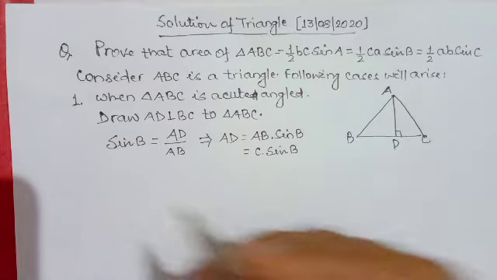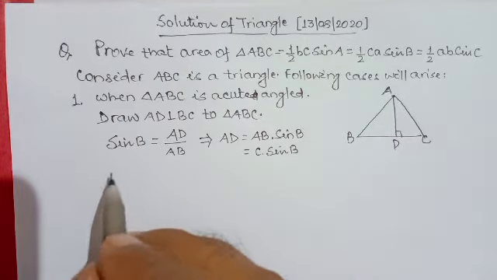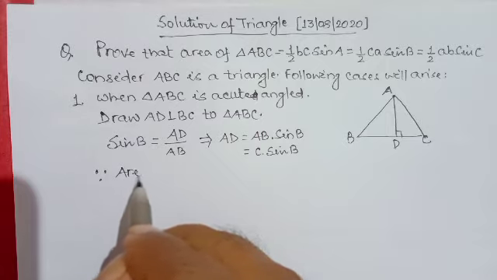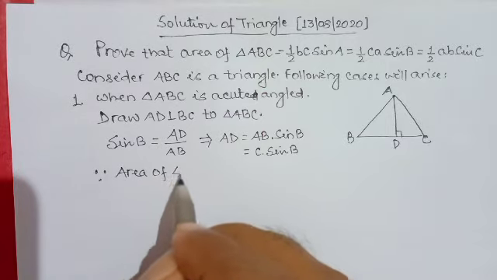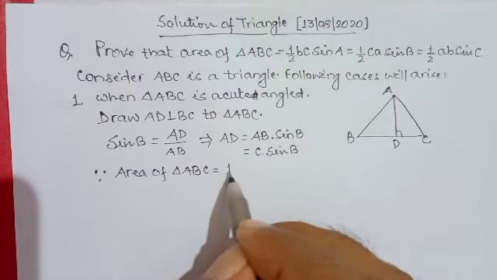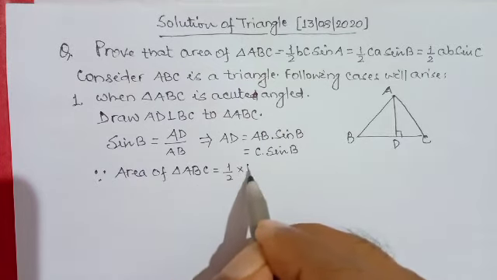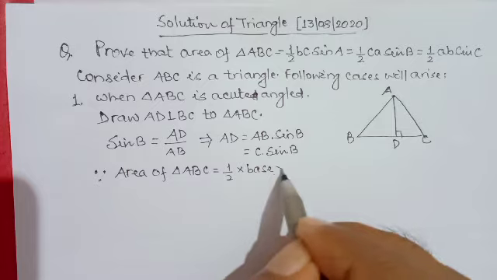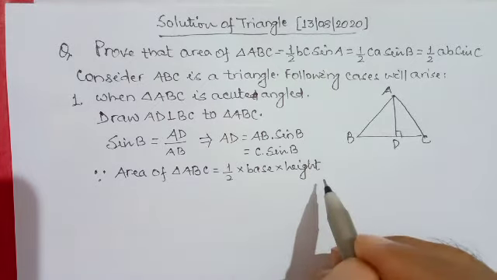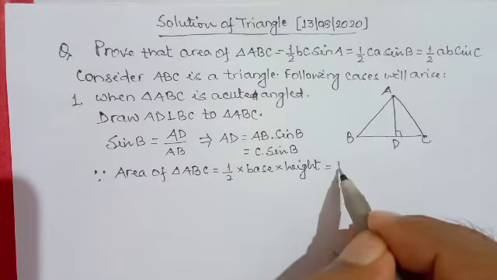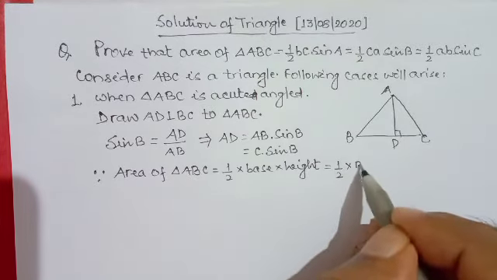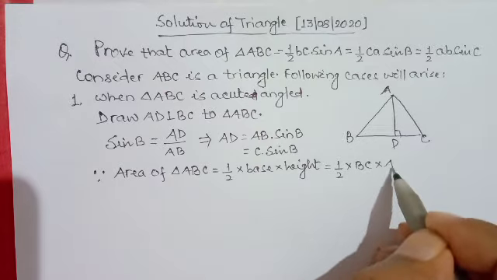Now, as we know from geometry, area of triangle ABC is equal to half into base into height. Your base is BC and height is AD.